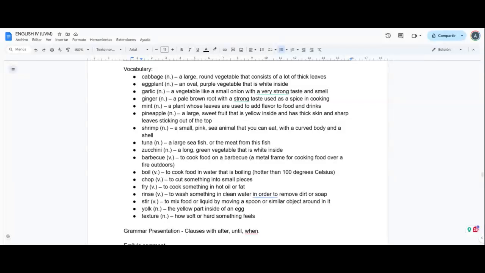Okay, so the other words were new for you. Yes. Actually, I was wondering what is the name for the white part of the egg, because they talk about the yolk, but they don't talk about the other. Yes. Let me search because I don't know either.